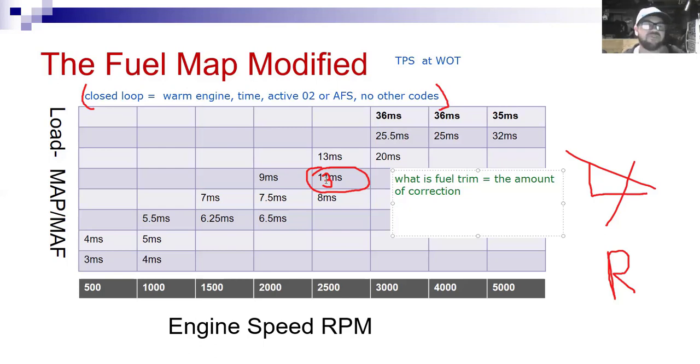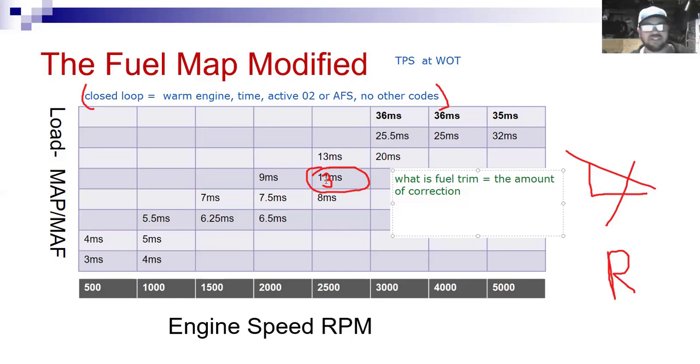Maybe I had to go to 15 or 16 milliseconds. That's a bigger correction. So it's really powerful to know how much the computer is having to correct from its base programming. If we assume that the engineers did their job correctly and programmed a good fuel map, we shouldn't see huge corrections.